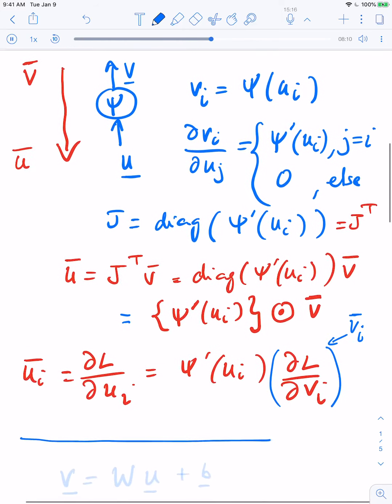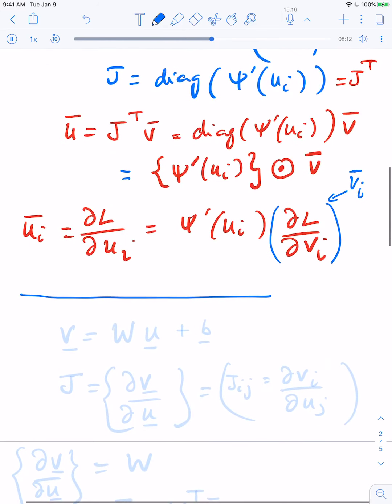So now let's take the example of what happens from the output of a particular layer to the presynaptic outputs of the next layer, right? So again, I'm going to use the same notation. V is equal to W U plus B, right?